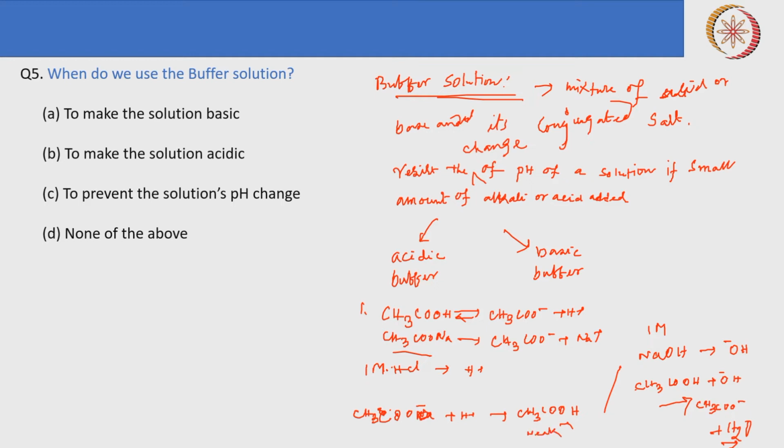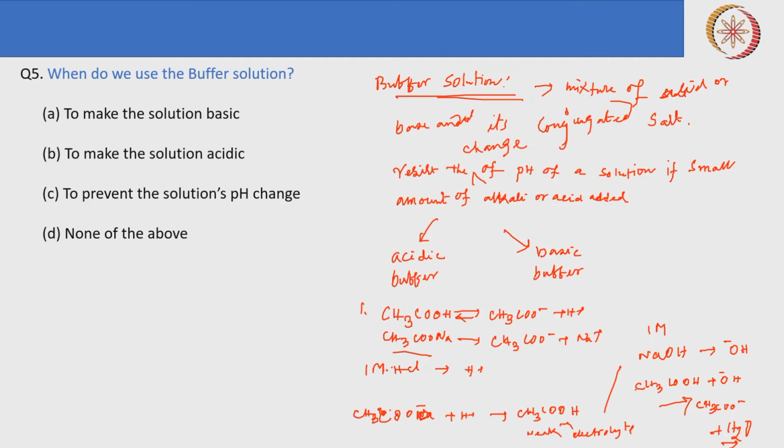Acetic acid is a weak electrolyte, a weak acid. So whatever pH is there will not change abruptly. This buffer solution resists the change of pH of the solution.